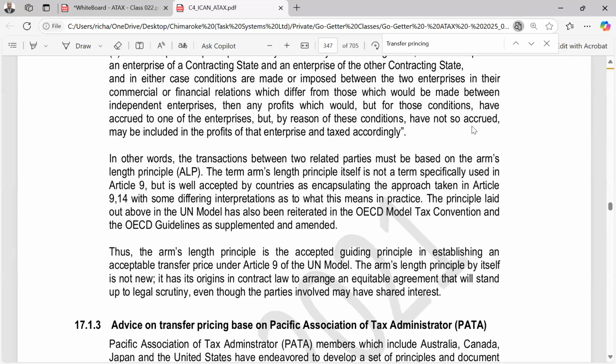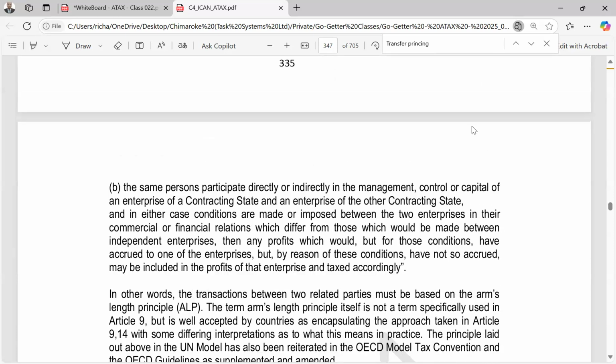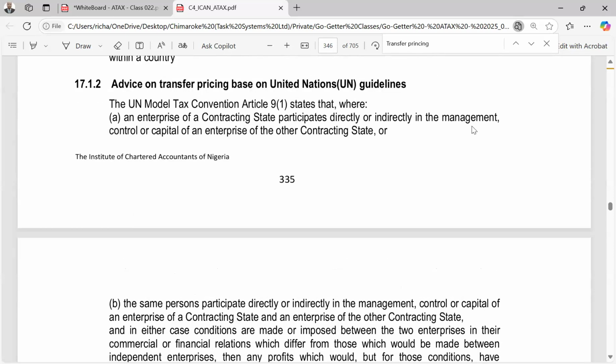All right. Let's look at this advice on transfer pricing based on United Nations guidelines.